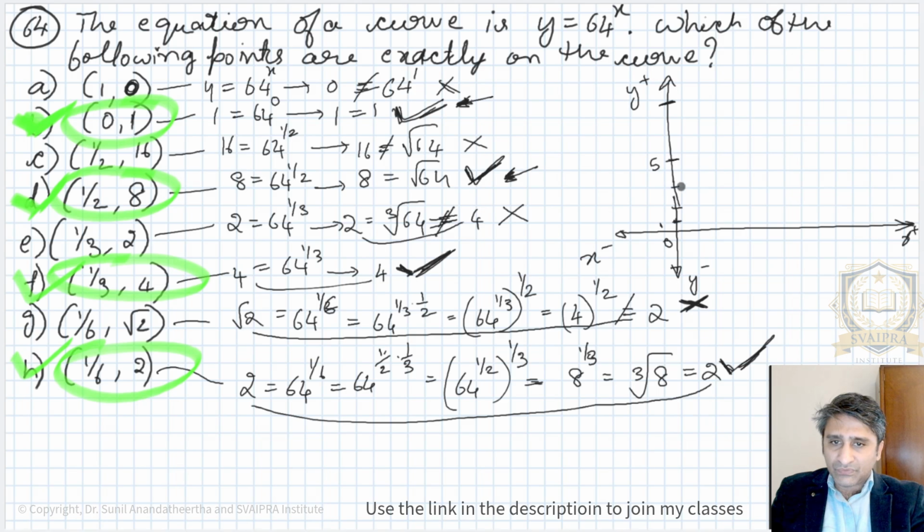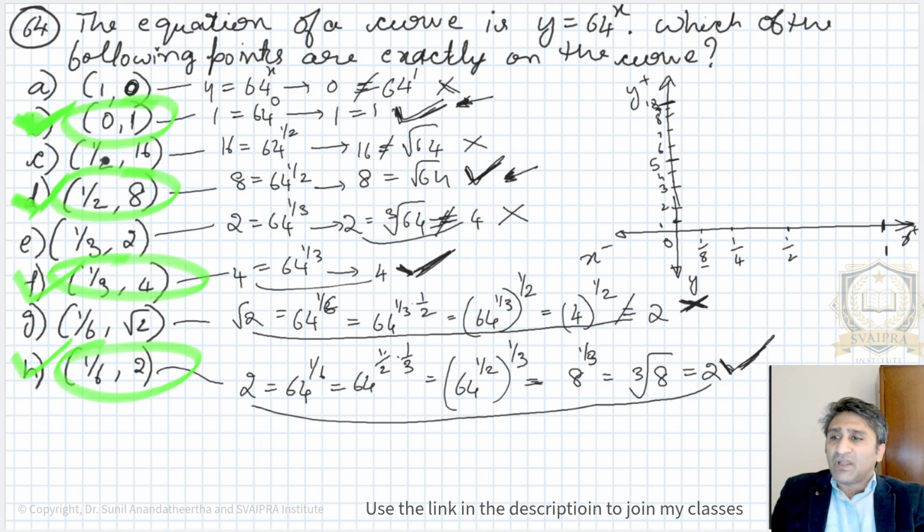One, two, three, four, up to 10. So the maximum that I have is 1. Let's say that is 1, and that's half, and that's 1/4, and that's 1/8. Very nice.